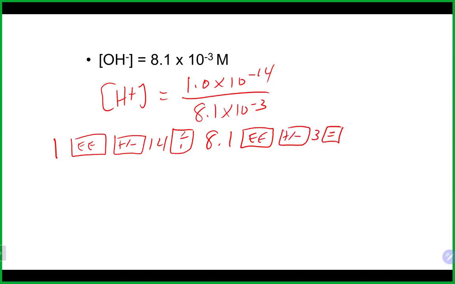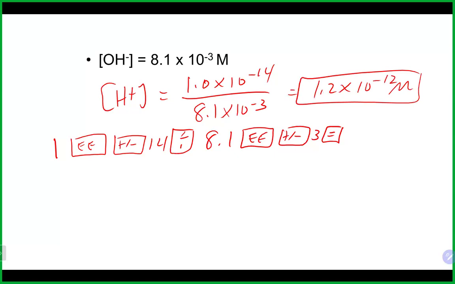So again, we punch that in correctly on our calculator. Obviously, if you have one of those calculators that you need to put parentheses around, make sure you do that as well. Looks like 1.2 to the minus 12 molar in this case.